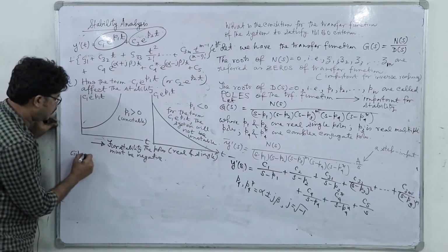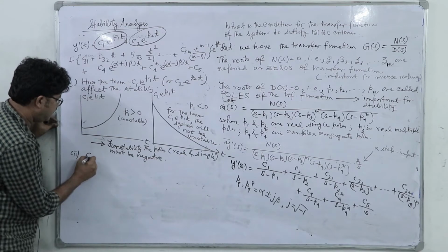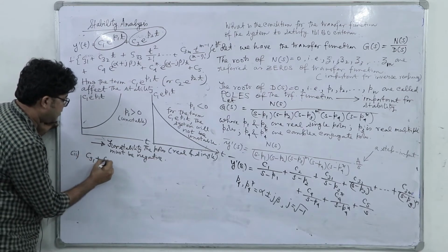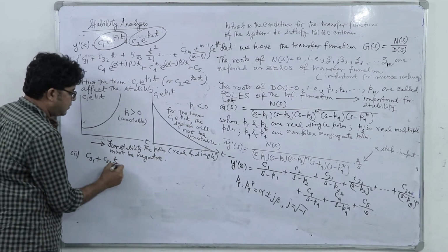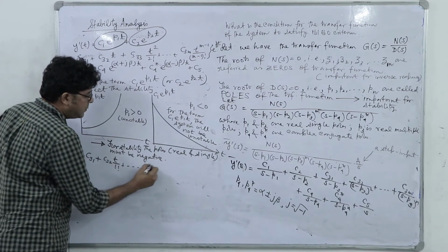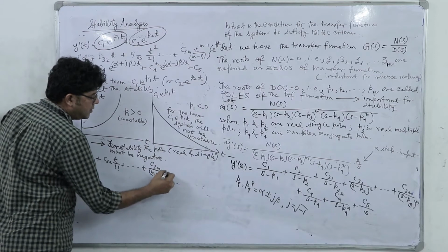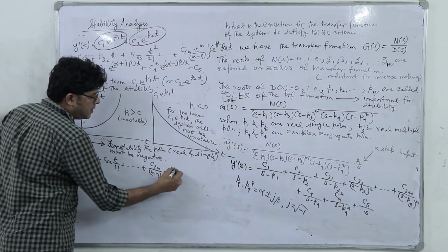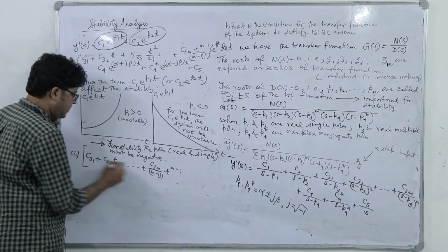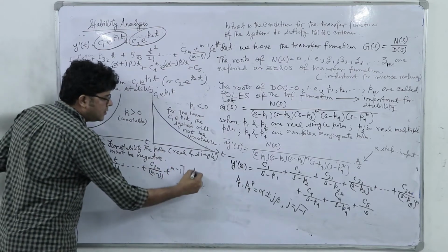The expression is C31, C32 t by factorial 1 up to C3m t to the power m minus 1 by (m minus 1) factorial into e to the power p3t.